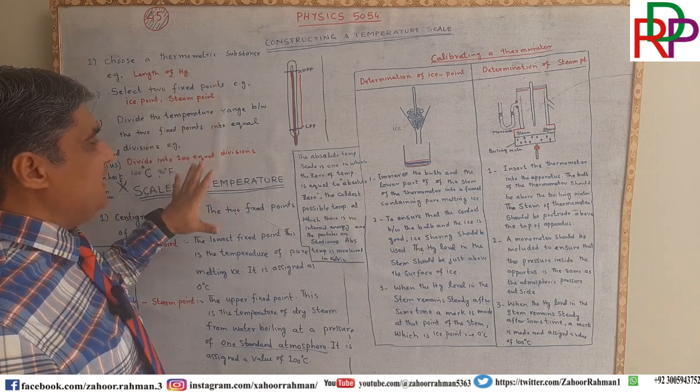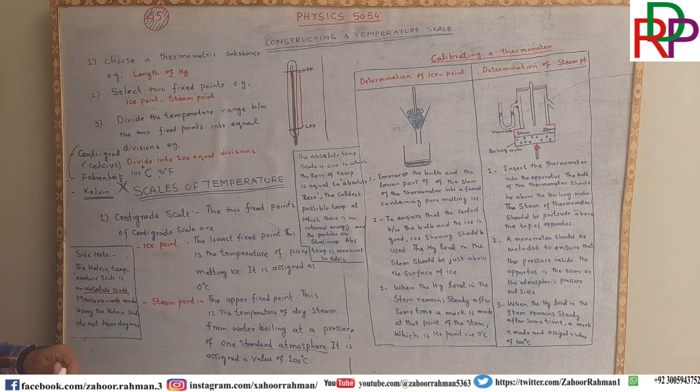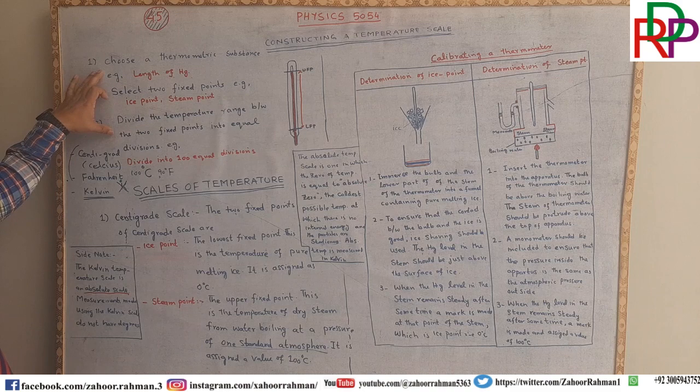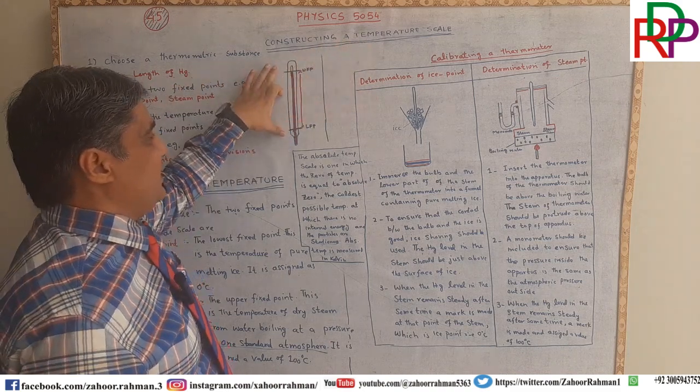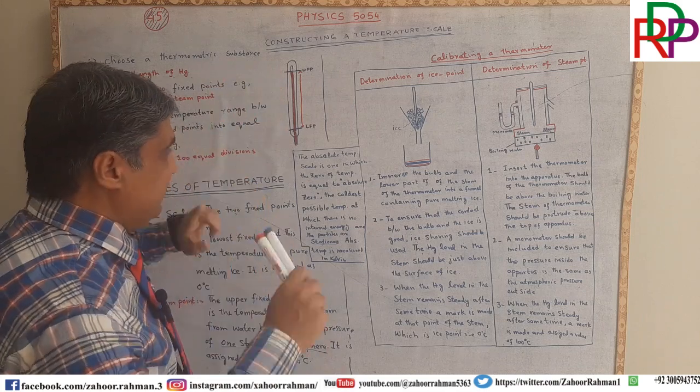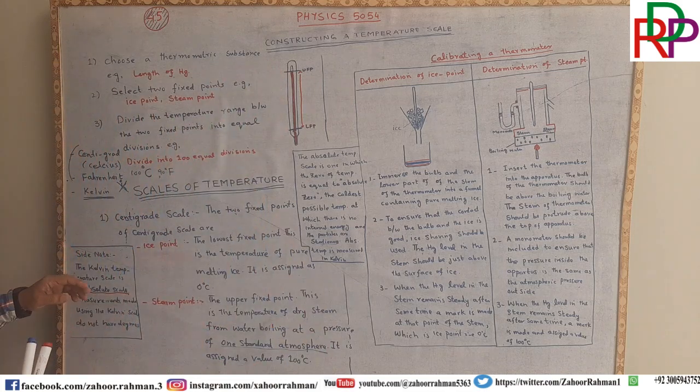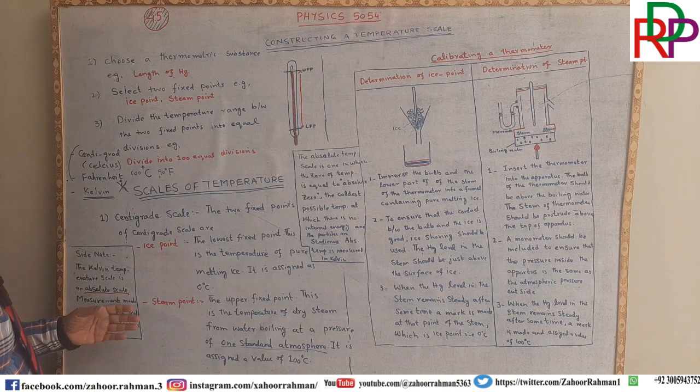Okay, we learned, the teacher told us in general that there are three steps to construct a temperature scale. We got those points. And we also learned that the scales of temperature are centigrade, Fahrenheit, and Kelvin. So next is practical work: how to construct these scales of temperature practically.